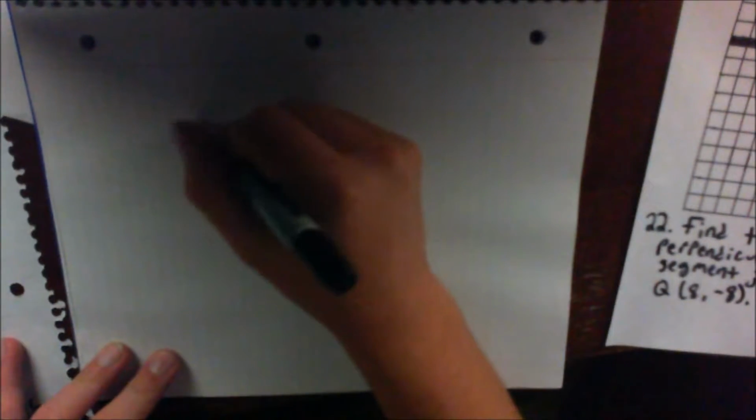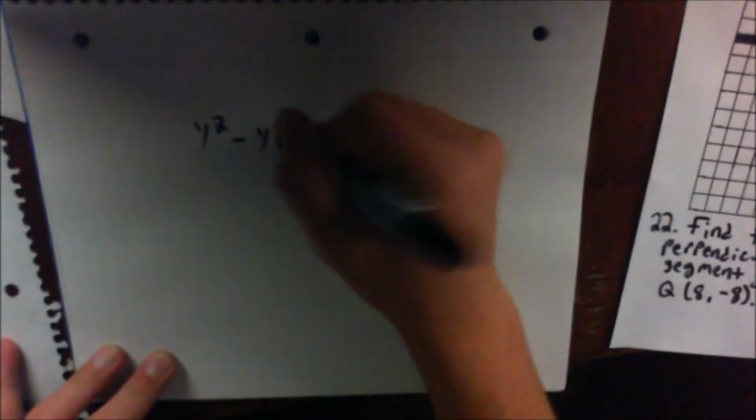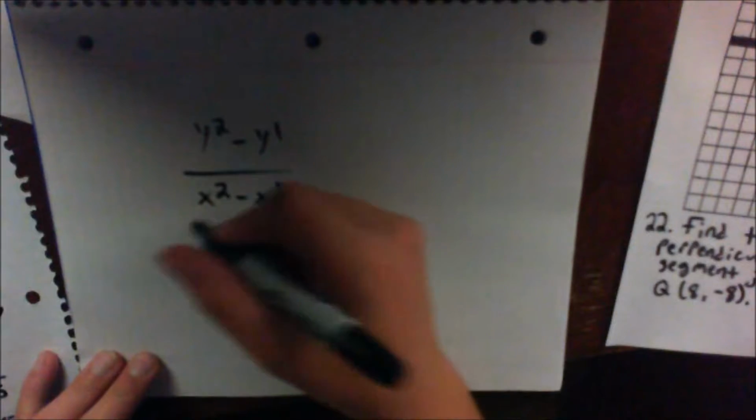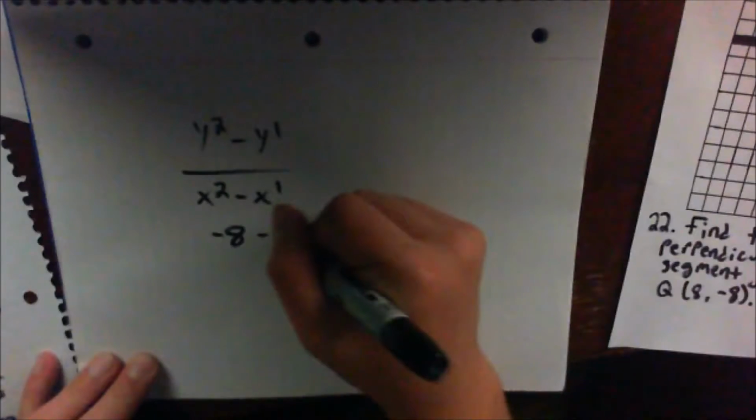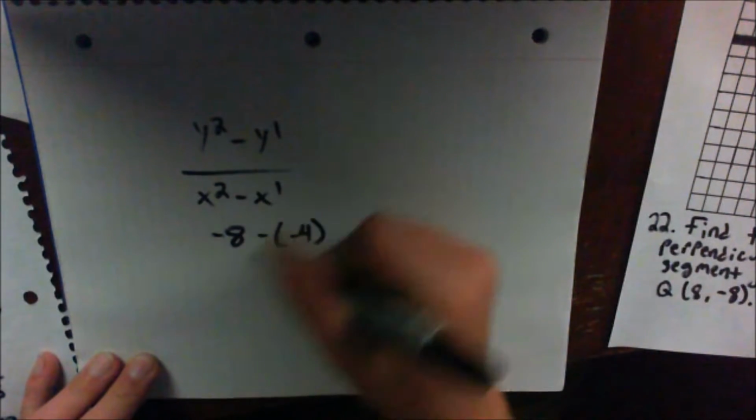The first thing we're going to want to do is derive the function of the segment that we're given. In order to do that, we're going to first need to find the slope of it by using the equation y2 minus y1 over x2 minus x1. Our y2 value is -8, and our y1 value is -4.